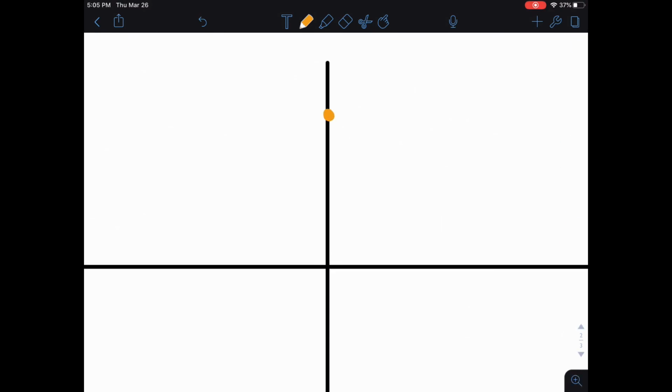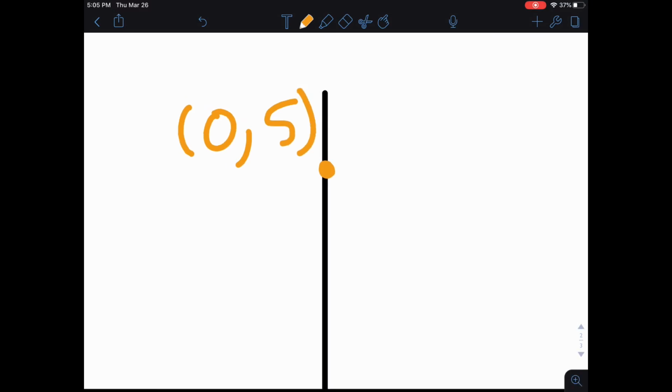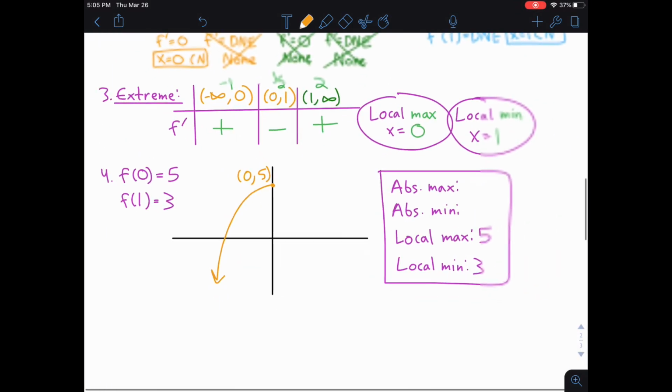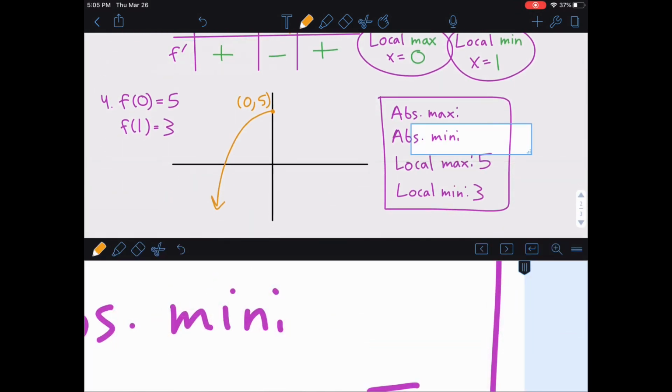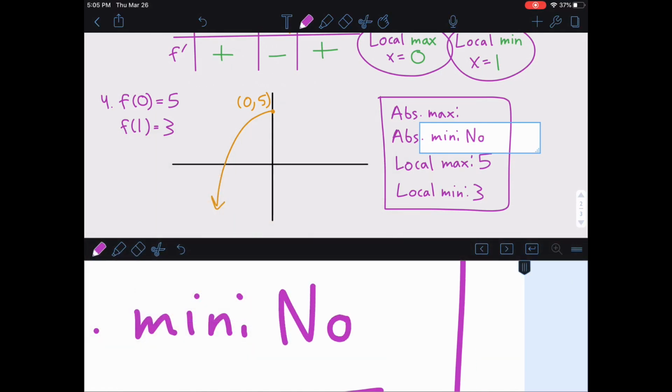This right here is a point we already know, 0, 5, aka my at least local maximum. And now I'm just going to draw an upside down parabola. And now here I can clearly see that this graph is going to go to the left forever. And so I know right away then that there is no absolute min.